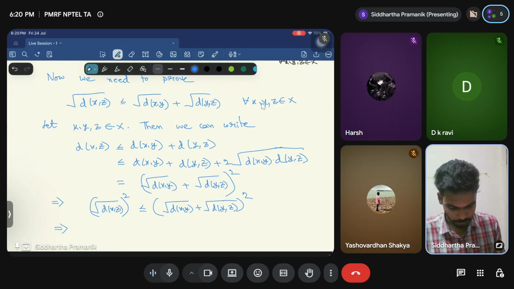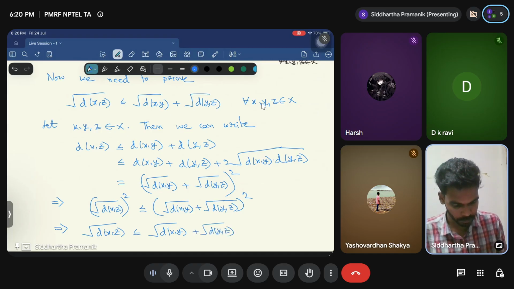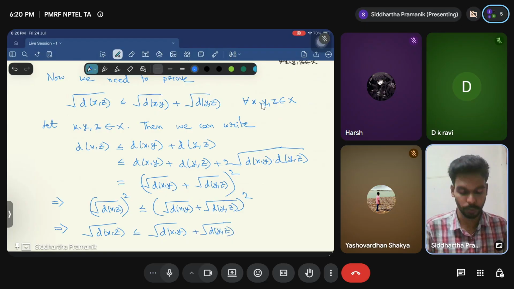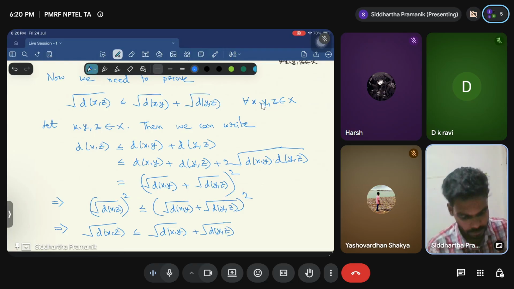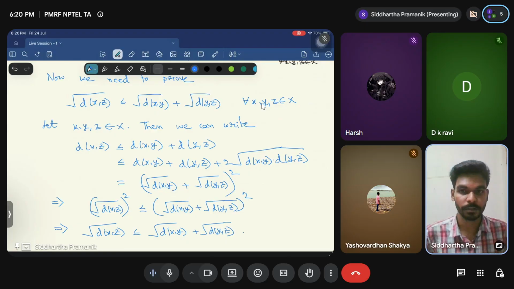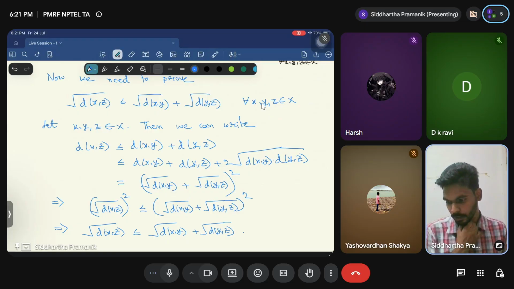This will imply d(x,z) is less than or equal to the square root of d(x,y) plus the square root of d(y,z). And that is what we wanted to prove. So just an easy observation, it's nothing much difficult. This proves the triangle inequality. I hope this one is fine.